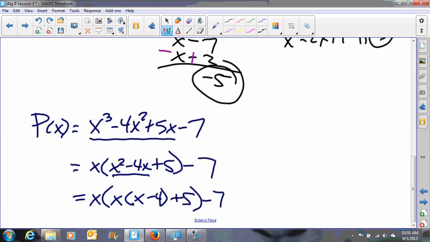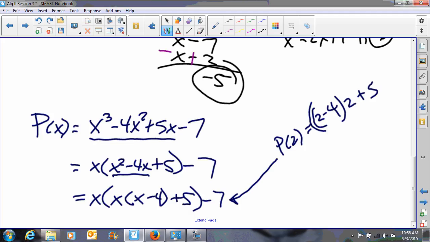Now, notice if we used these directions right here, p of 2 would become, we start on the inside here, subtract 4 from 2, and then multiply by 2, and then add 5 to that, and then multiply by 2, and then subtract 7 from that.